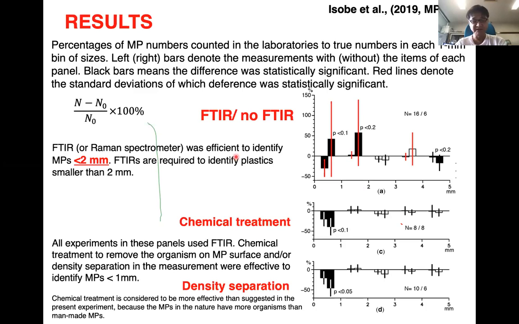In other words, the microplastics larger than 2 millimeters are easy to distinguish by naked eye or using the stereo microscope to distinguish them from other materials such as natural fragments generated from marine biology. Of course, chemical treatment and density separation are very effective, especially for the microplastics more than 1 millimeter.